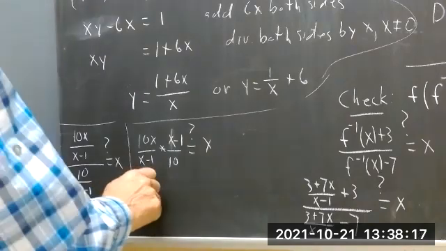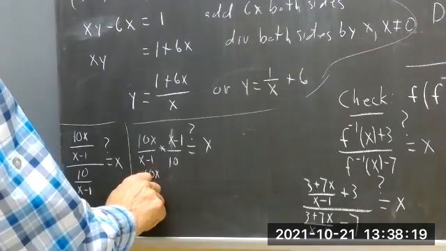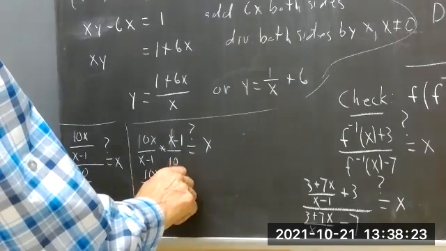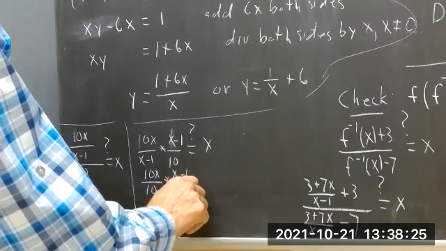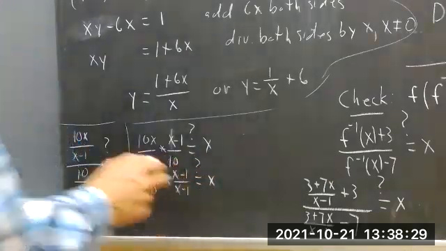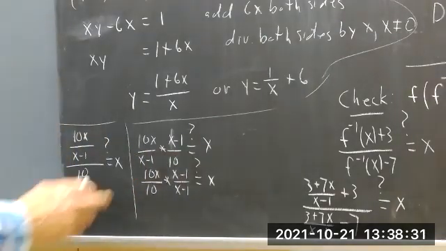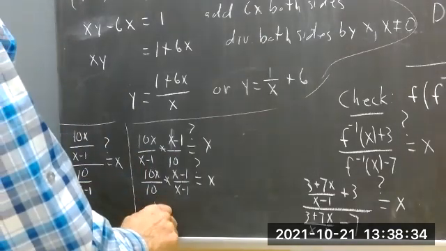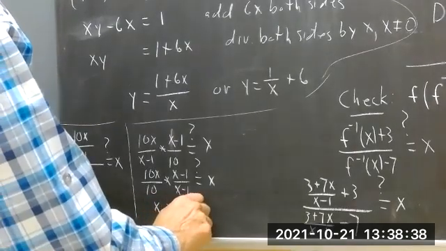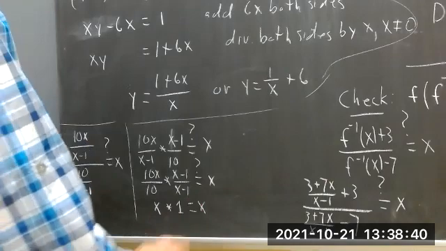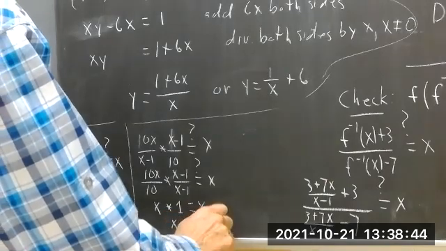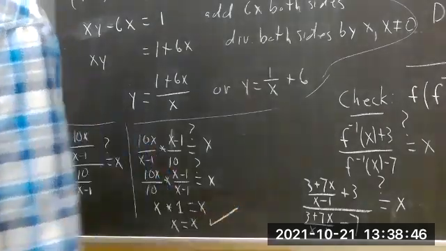Well, that's just 10x over 10 times x minus 1 over x minus 1. x minus 1 over x minus 1 is 1. 10x over 10 is x. We get x times 1 equals x. x equals x. And now, big check mark.